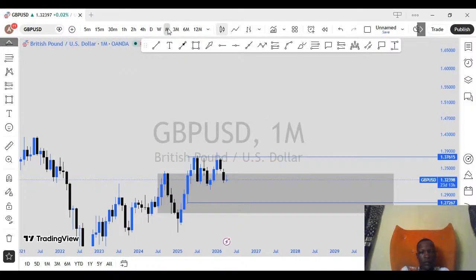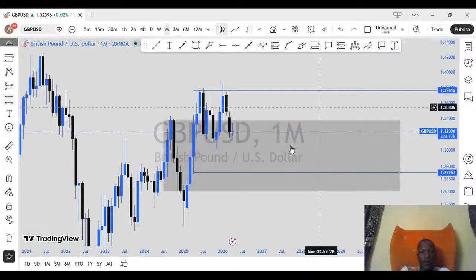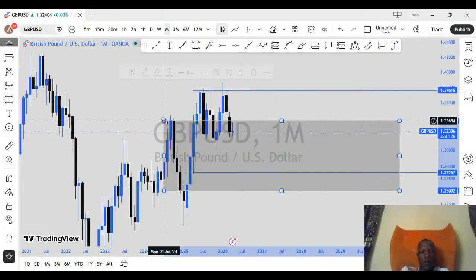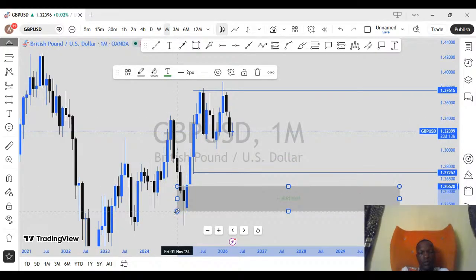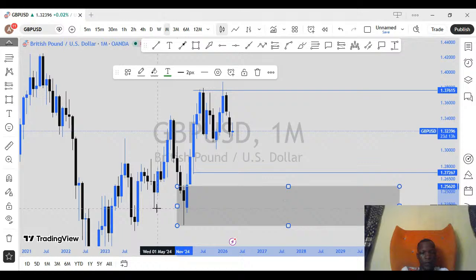Now, let's go to the monthly time frame. On this monthly time frame, we said our supply zone is what? The last sell candle before the impulsive move, which is this. Now this is our liquidity level and this is our supply level.